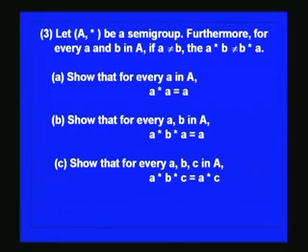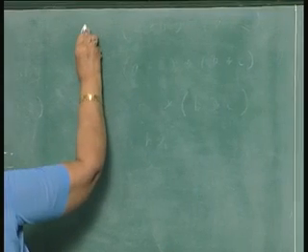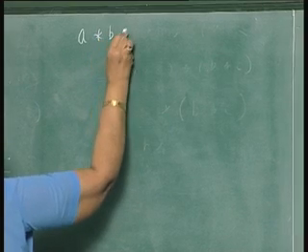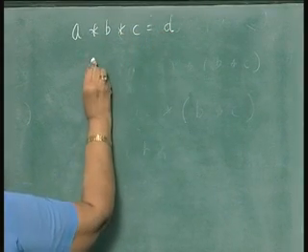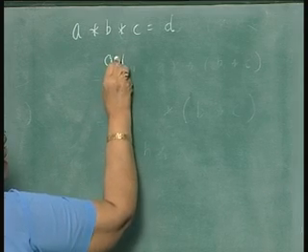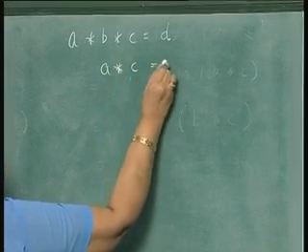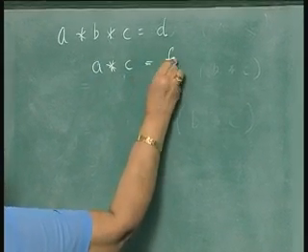Let us look at the third portion. Show that for every A, B, C in A, A star B star C is equal to A star C. Let A star B star C equal to say some D, and A star C is some F, say.